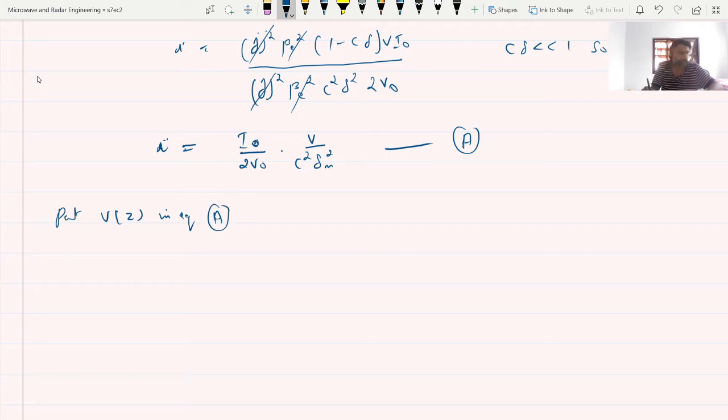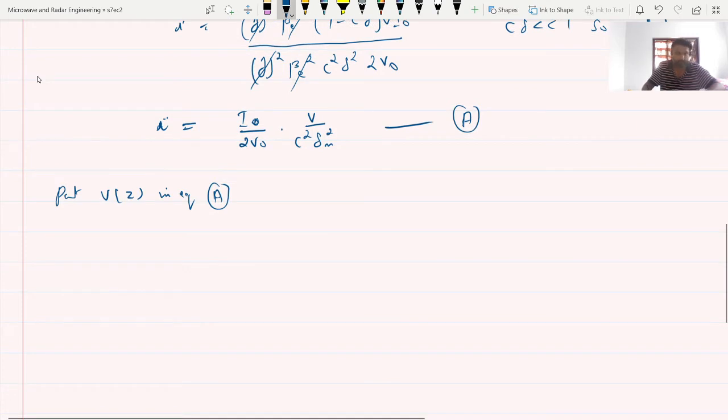What is V of Z? Is that sigma n equal to 1 to 3 Vn e raised to minus gamma n into Z, the first equation.